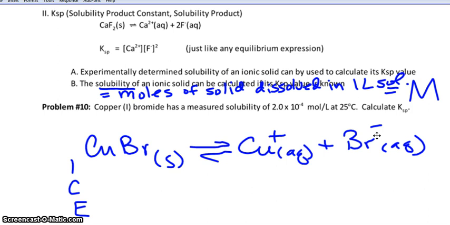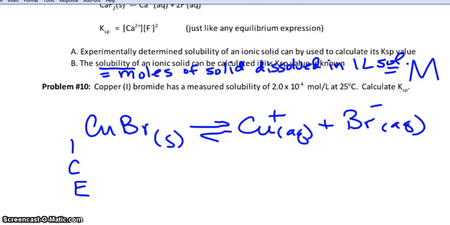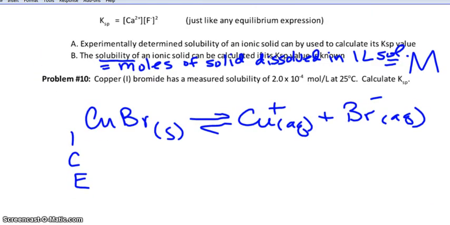It's a solid. There is no concentration, so don't worry about it. If you want to, just think of it in excess. You have lots of the solid there, but you cannot talk about its molarity because it's a solid. But you can talk about the initial concentration of the copper and the bromide. Go back up here again. How many ions are initially present in this beaker? And the answer is 0.